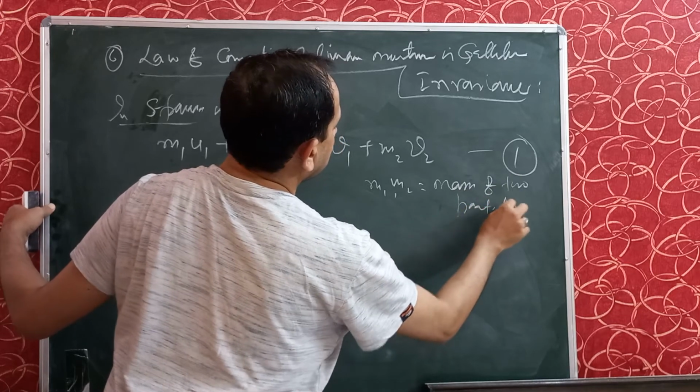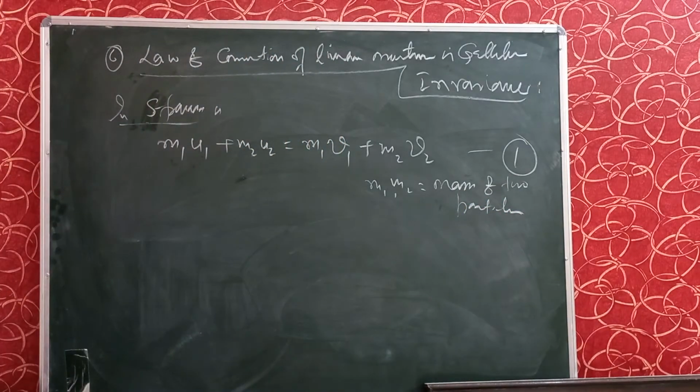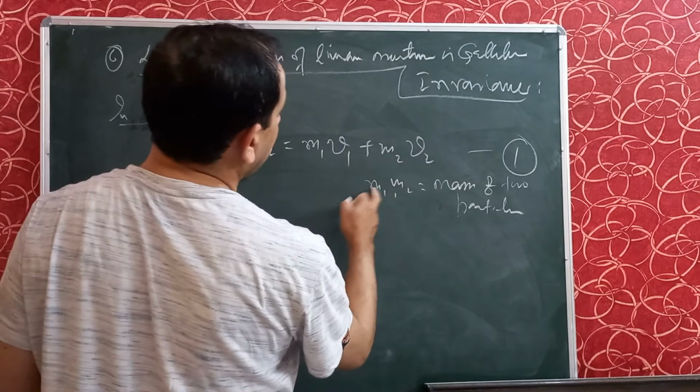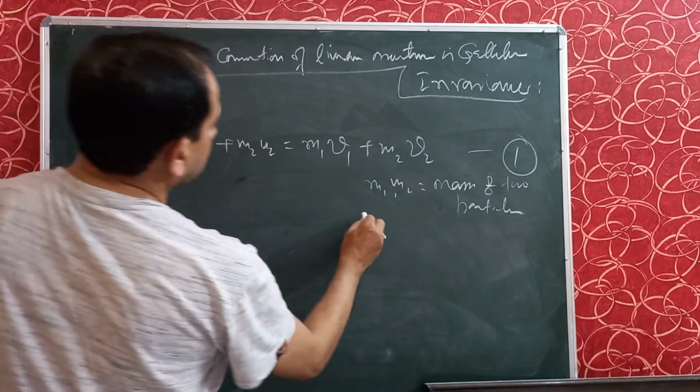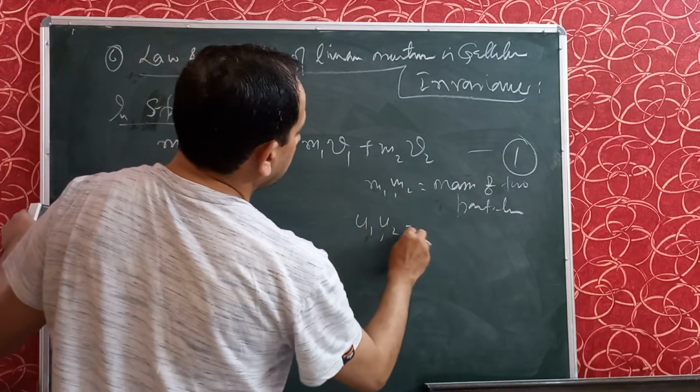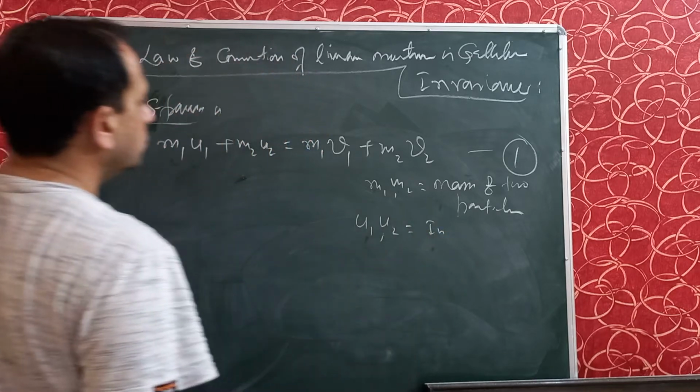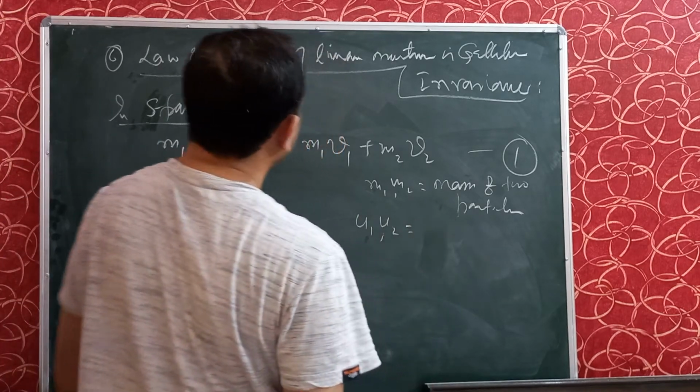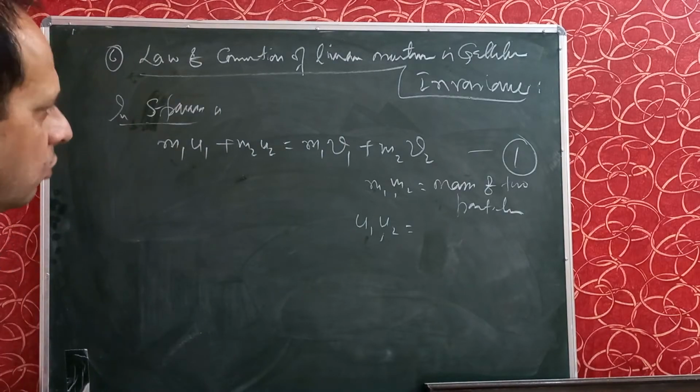So I am taking here a two particle system. m1 is the mass of the first particle and m2 is the mass of the second particle. Similarly, u1, u2 are the initial velocities, or velocities before collision.